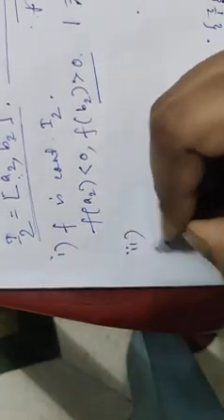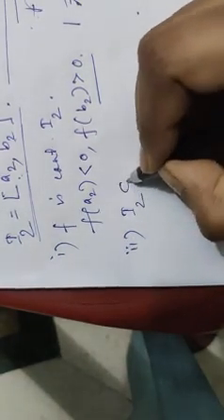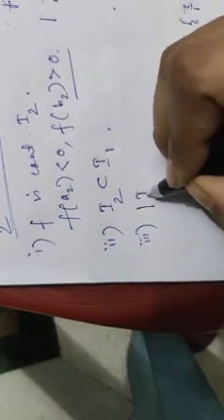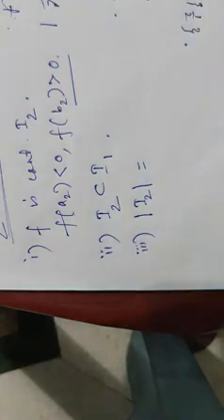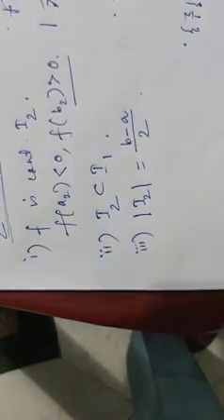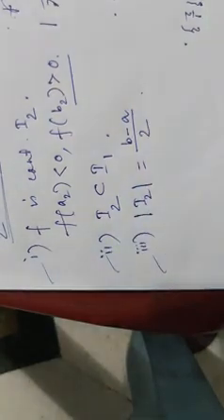Number 2, I2 is a subset of I1 because we just take the middle point of A1 B1. Number 3, what is the length of the interval I2? The length will be half of the length of the interval A comma B, that is B minus A by 2. So these 3 points we can claim about I2.